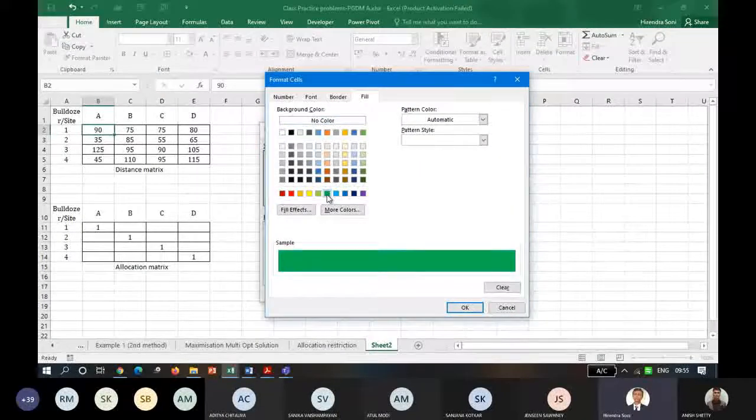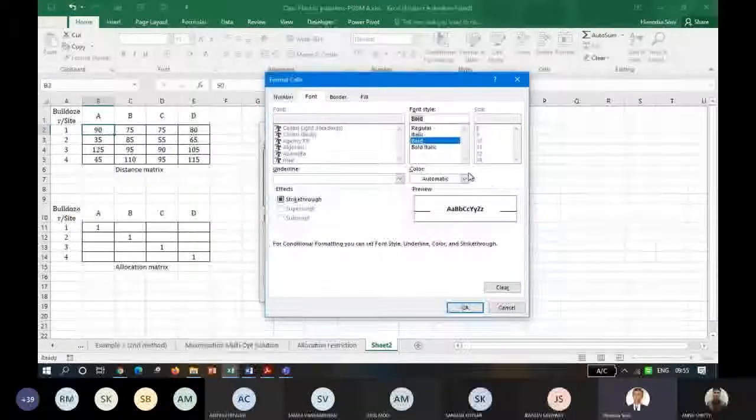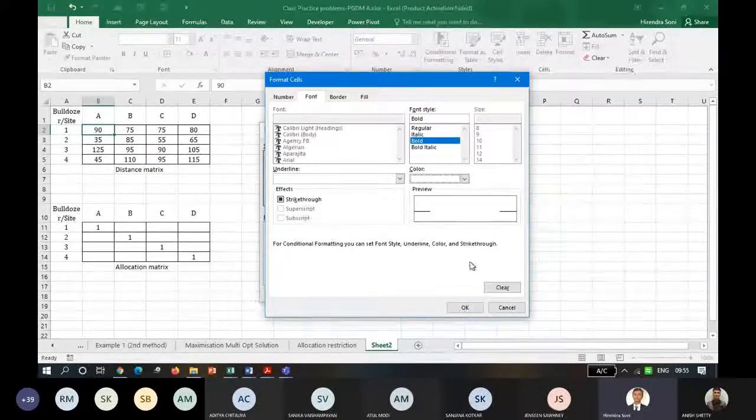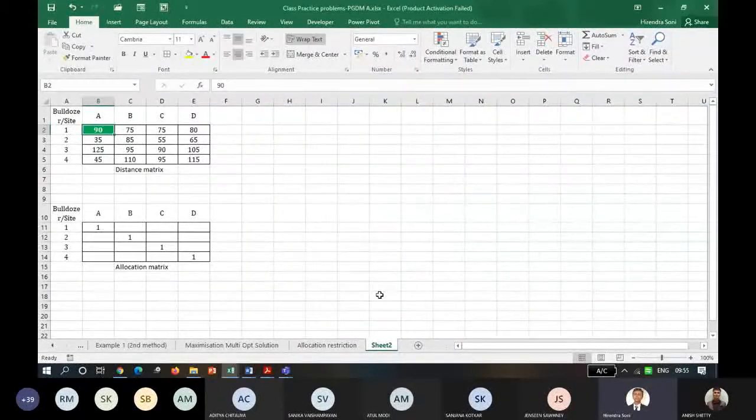I made the fill color green, made the font bold, and made the font color white, so that it starts appearing. This is what has been done, and say okay.